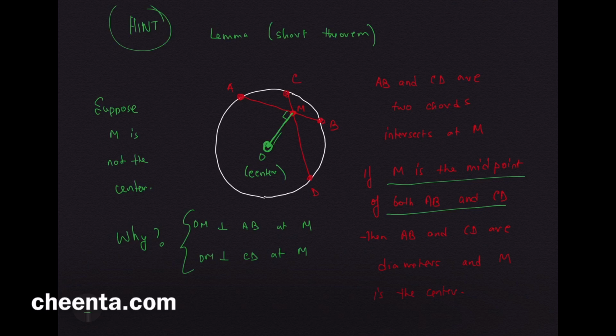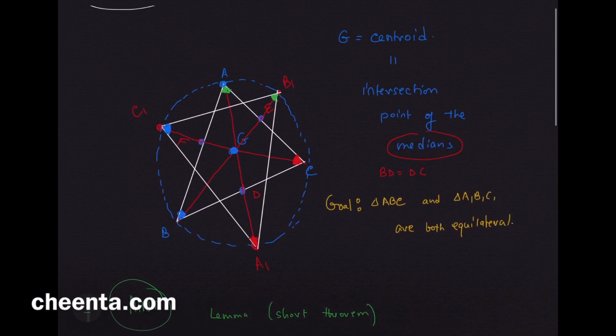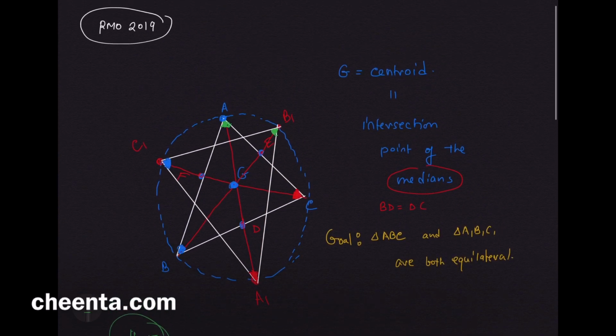That's a different theorem from geometry. So try to prove that and use this lemma to prove that in fact ABC and A1B1C1 are equilateral triangles. Give it a try, and in the next video we will describe how to use this lemma to prove this beautiful problem.